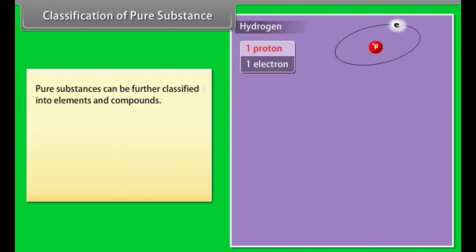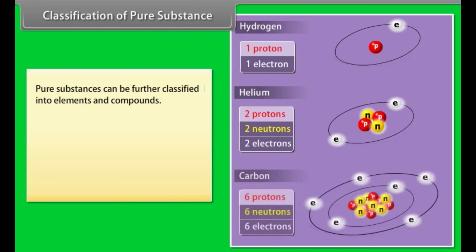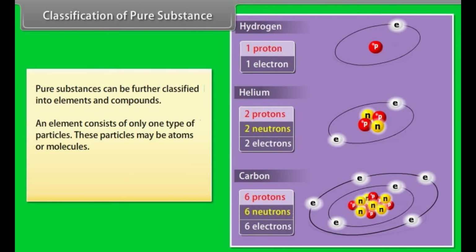Pure substances can be further classified into elements and compounds. An element consists of only one type of particles. These particles may be atoms or molecules. Example, hydrogen, helium, carbon, sodium, copper, silver, oxygen, etc.